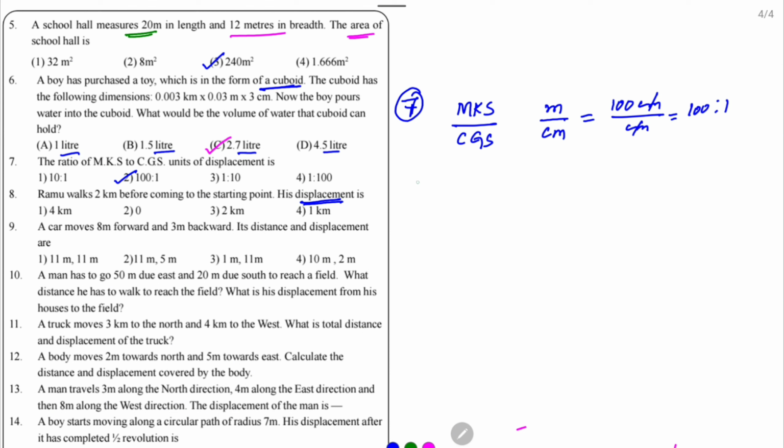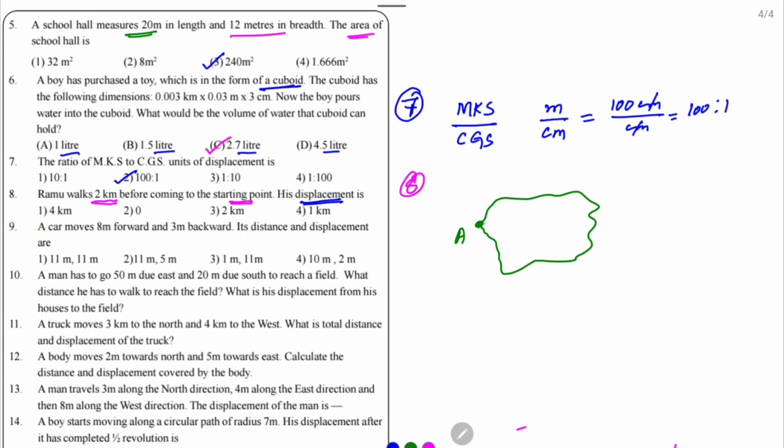Let's move to question number 8. Ramu walks 2 kilometers before coming to the starting point. So what's his displacement? So let us assume Ramu starts at this point A. Okay, he is moving here and there and roaming and coming again to the same point.